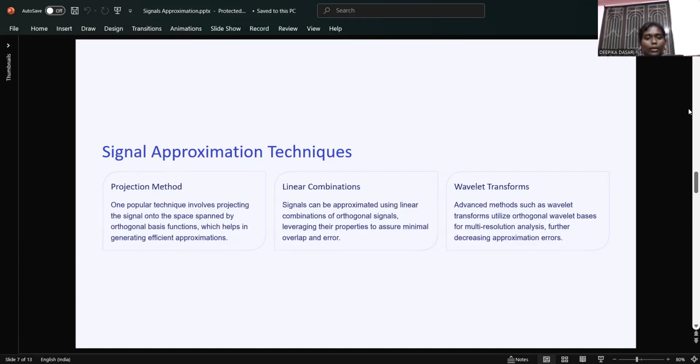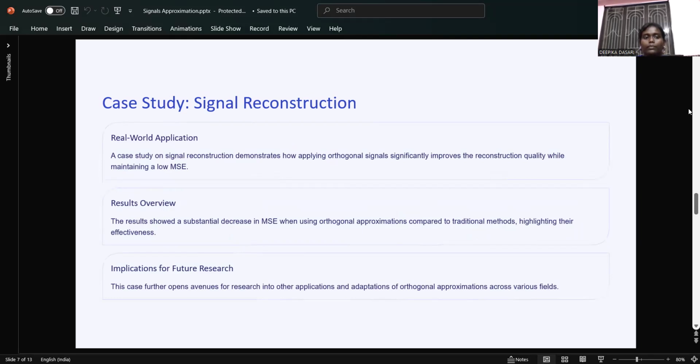Another technique is linear combinations, where signals can be approximated using linear combinations of orthogonal signals, leveraging their properties to ensure minimal overlap and error. Also, another technique is wavelet transforms, an advanced method which utilizes orthogonal wavelet basis for multi-resolution analysis, further decreasing the approximation errors.